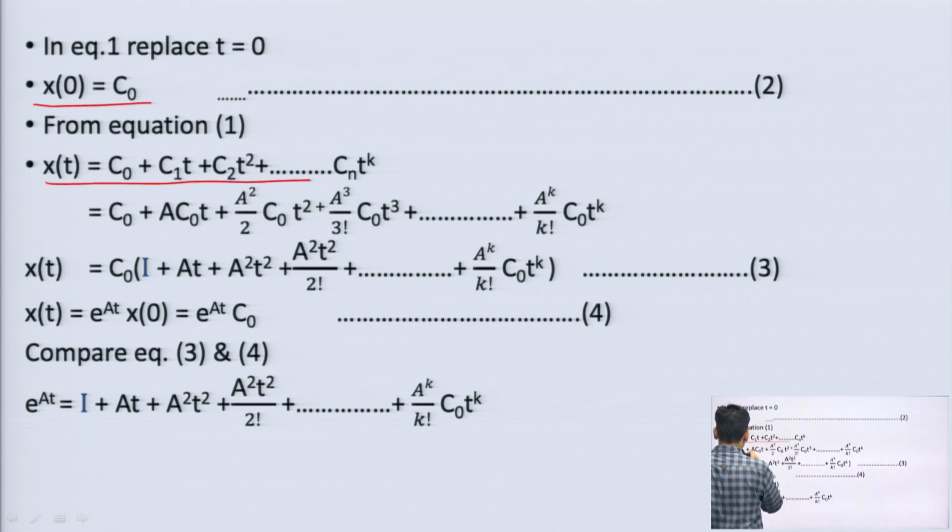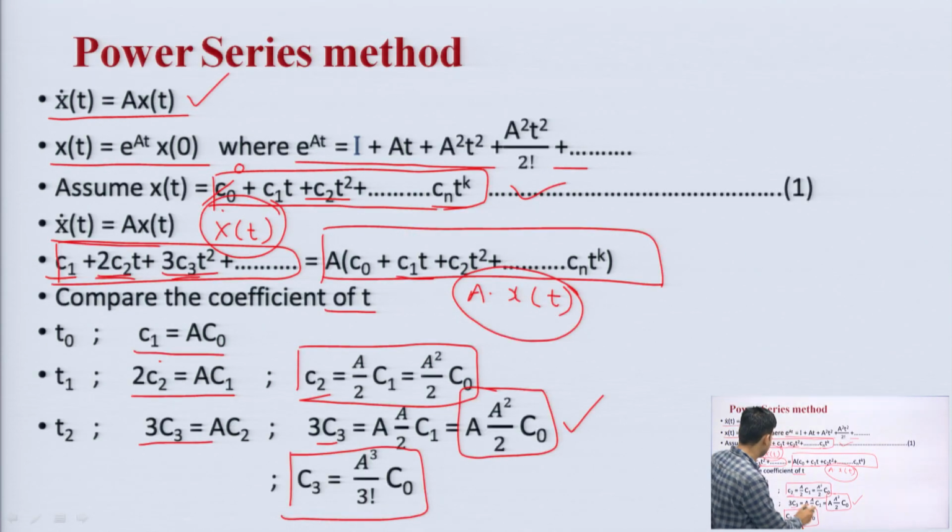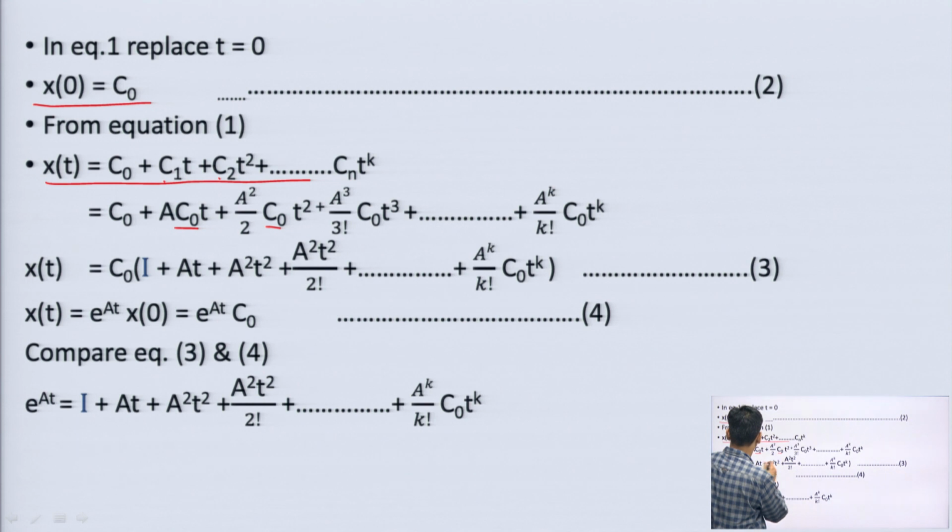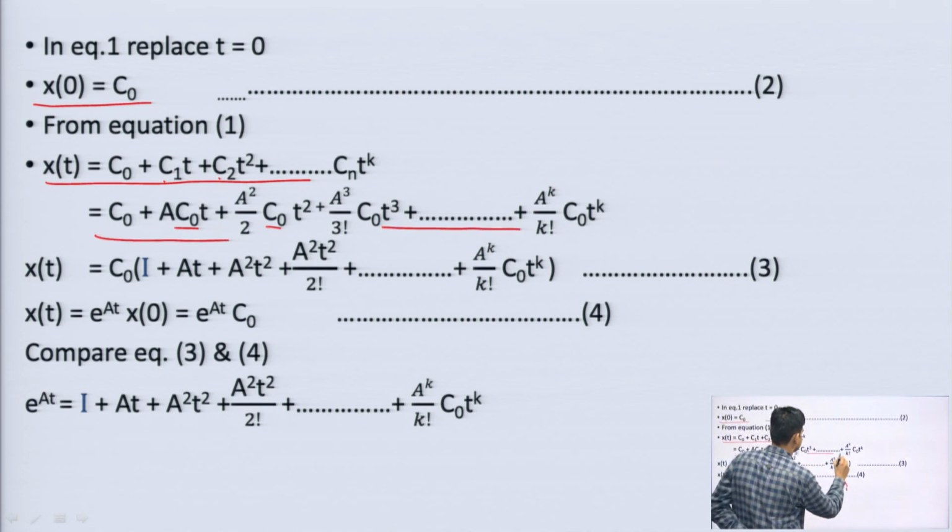I calculated the earlier values of c 1, c 2, c 3 in terms of c naught, so I have to use those values. Here we replace c 1 and c 2 in terms of c naught, and then we obtain this expression.